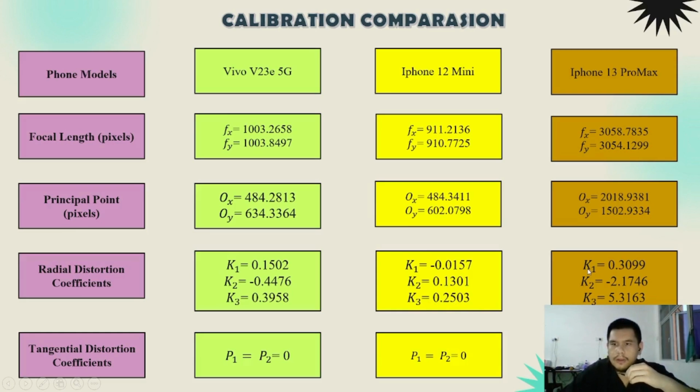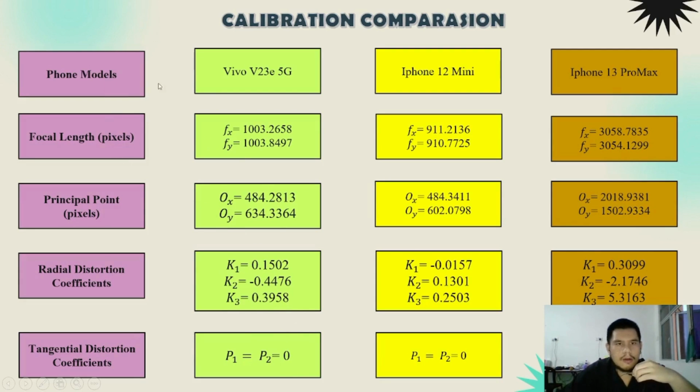For the iPhone 13 Pro Max, K1 is 0.3099, K2 will be negative 2.1746, and K3 will be 5.3163. For the tangential distortion coefficients, the values are all the same, P1 and P2 are 0.